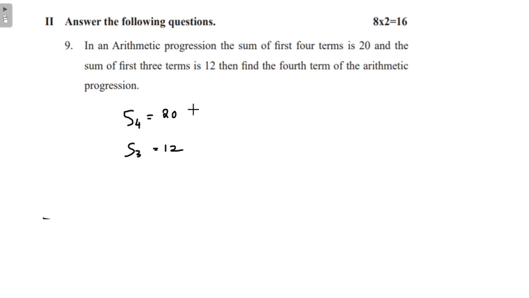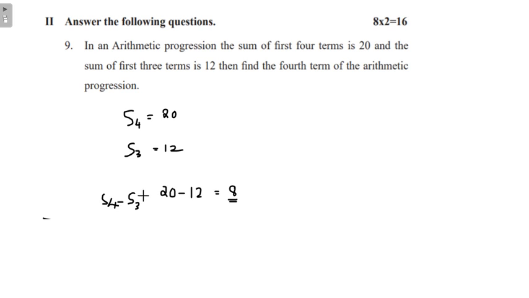If you want to find the fourth term, you have to just subtract these two. So you have to subtract 20 minus 12, and you will get the fourth term, which is equal to 8. So this is the first question which you have to do. You have to do S4 minus S3.